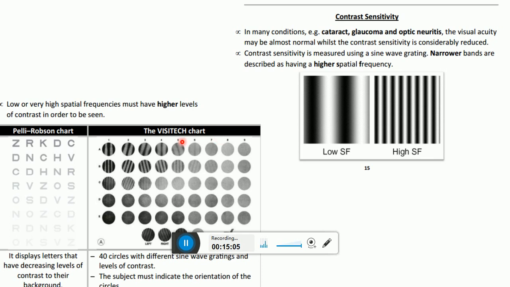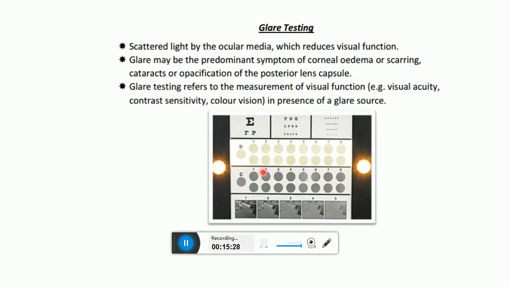The Pelli-Robson contrast test chart displays letters that have decreasing levels of contrast to their background. The VCTS chart has 40 circles with different sine wave gratings and levels of contrast. The subject must indicate the orientation of the circles.